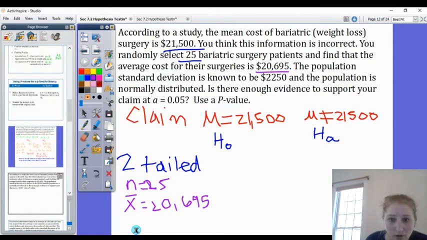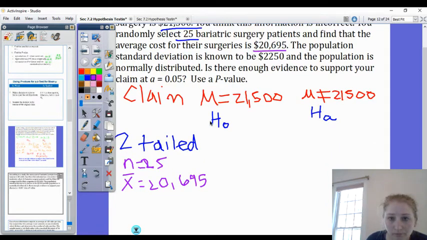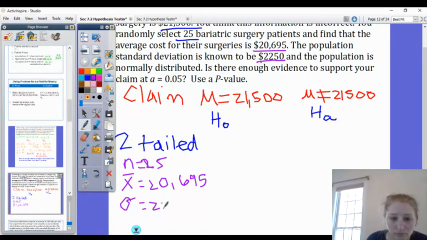We have our population standard deviation. And our significance level is 0.05. Okay, so first let's find our z.